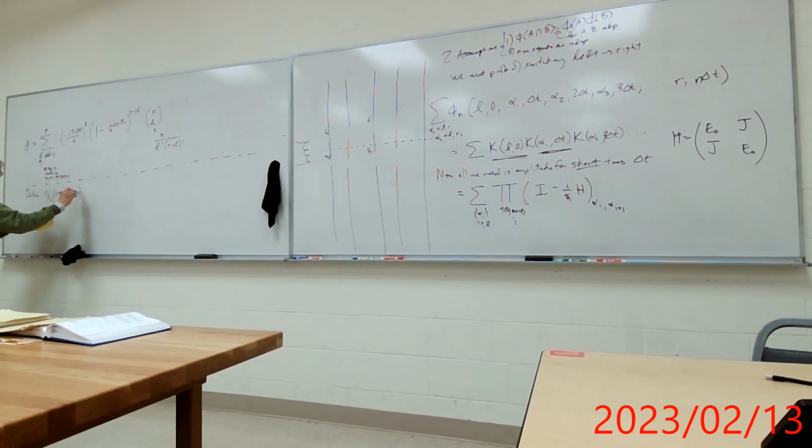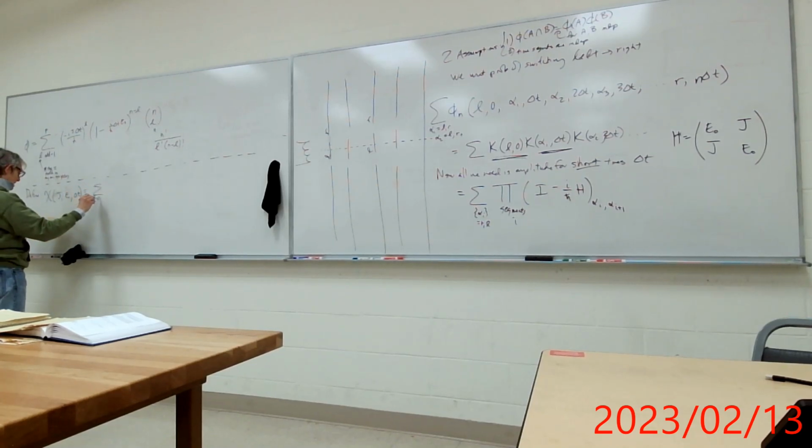And I'm defining it as a sum over L unrestricted, from 1 to n. Unrestricted. That is all the L's. Not just the odd L's, but all of the L's. All right? So L equals 1, 2, 3, and so on.